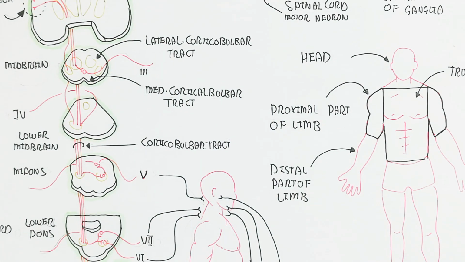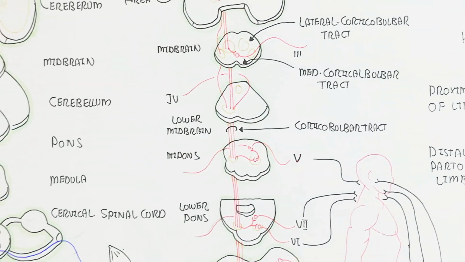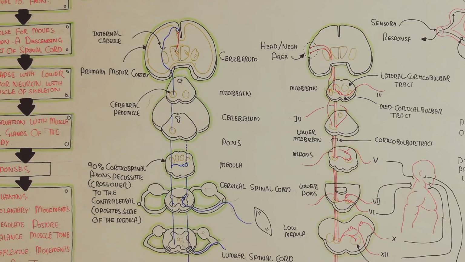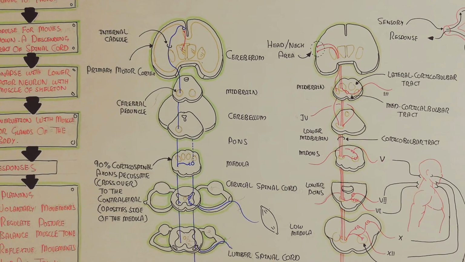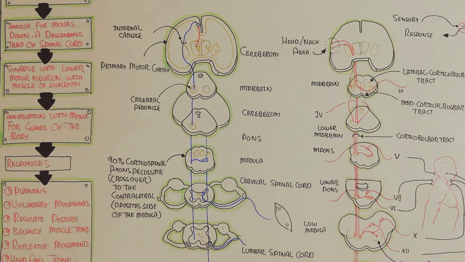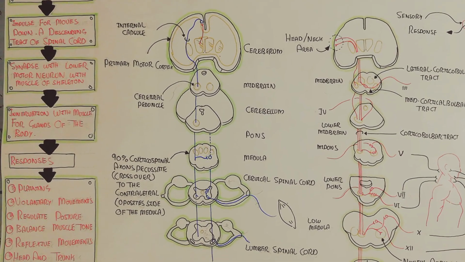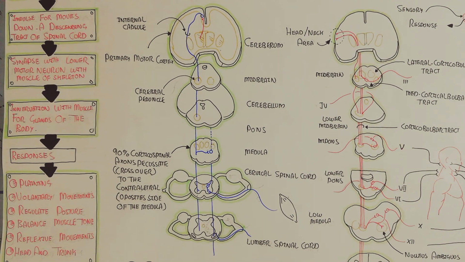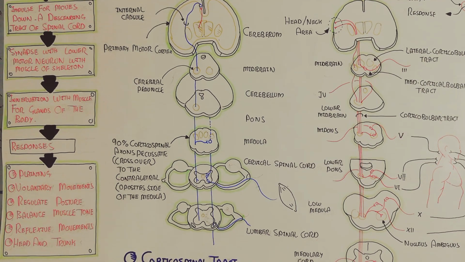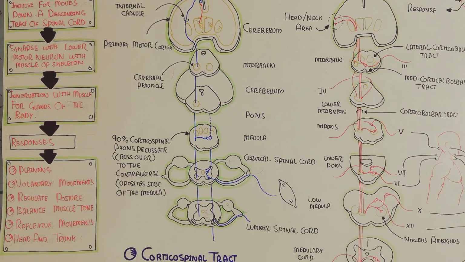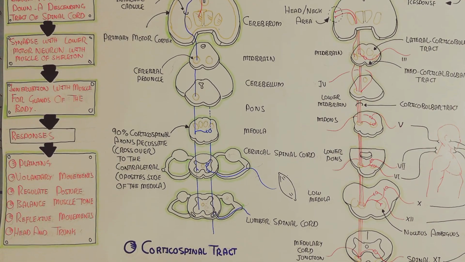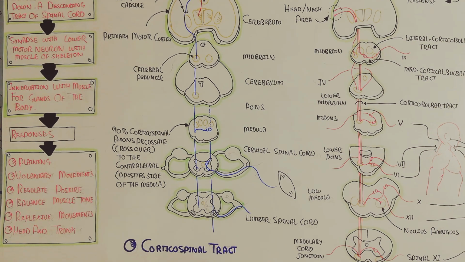So remember, we have discussed the two pathways, the anterior corticospinal tract and lateral corticospinal tract, as well as the corticobulbar pathway, the lateral and medial corticobulbar tract. I hope you make sense of that. The video was about the anterolateral corticospinal tract and the corticobulbar pathway, which are used for control of movement of the head, and the movement of the trunk and proximal part of the limb.